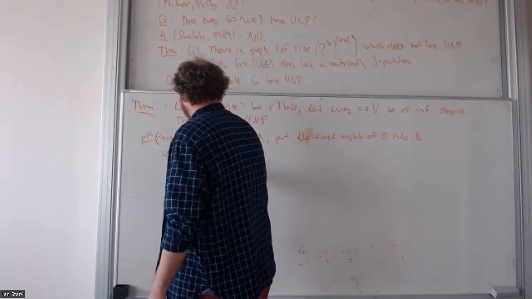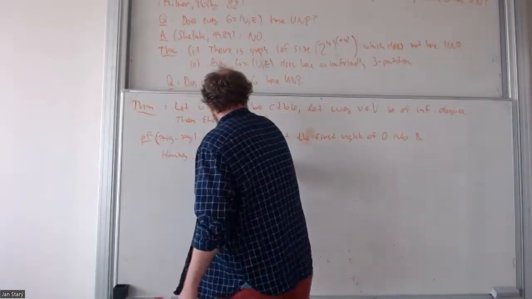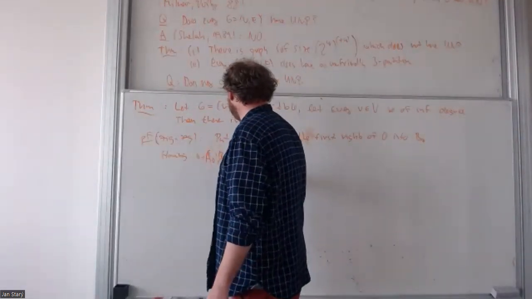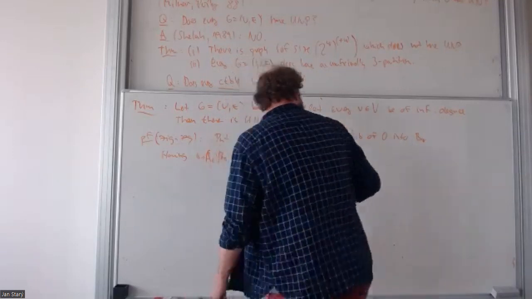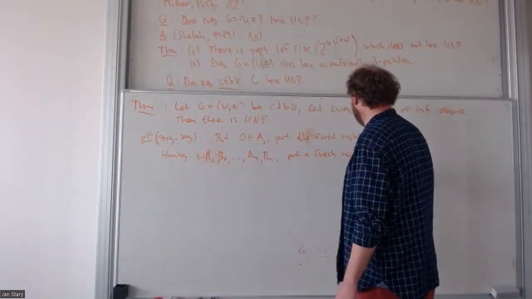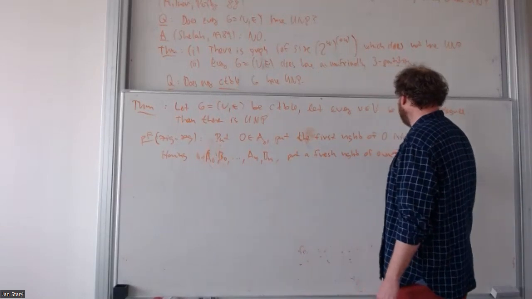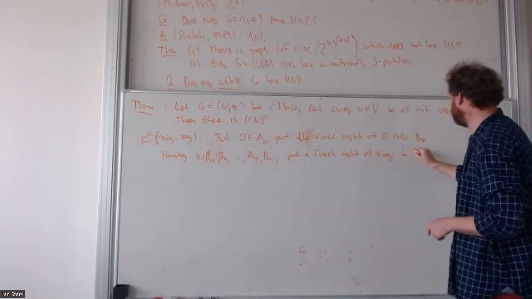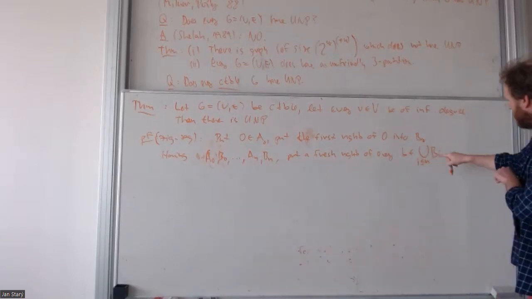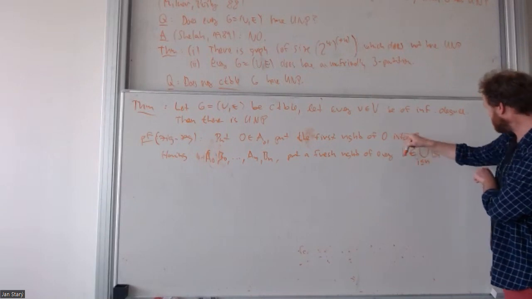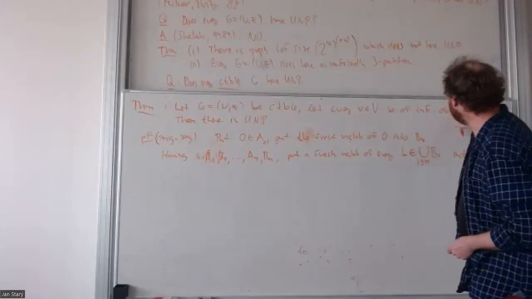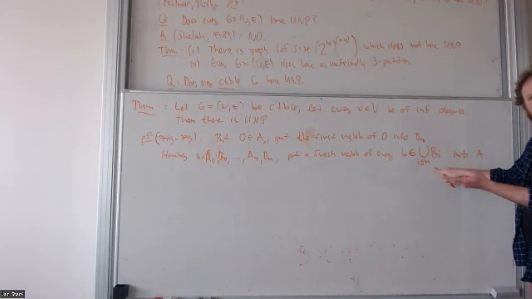And having A0, B0 up to some An and Bn, look at all the B guys so far, every B in all the Bi's up to here, and put a neighbor of each of them not consumed yet into A. That's perfectly doable because everyone has infinitely many neighbors and finitely many have been consumed so far.